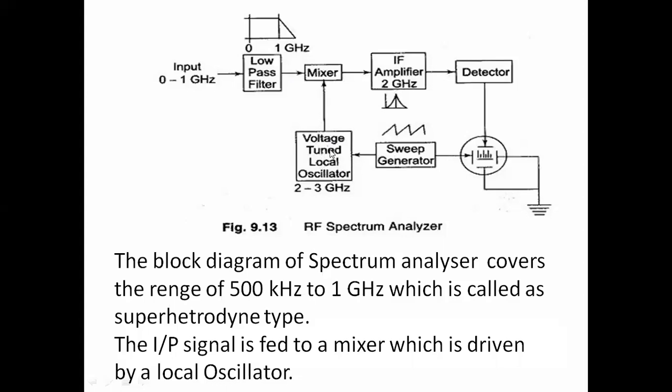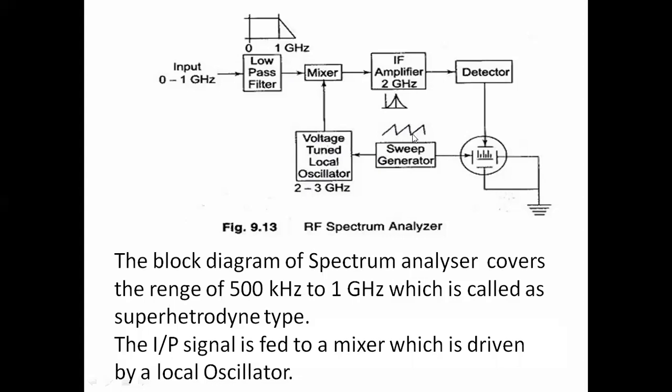The voltage from the voltage tuned local oscillator is also sent to the mixer. The voltage tuned oscillator produces frequencies in the range of 2 to 3 gigahertz. Those oscillations are produced based upon the sweep generator. The sweep generator produces the sweep output voltage, the sweep signal.